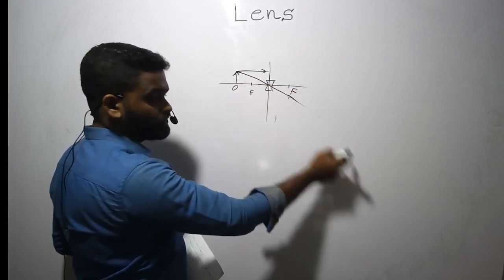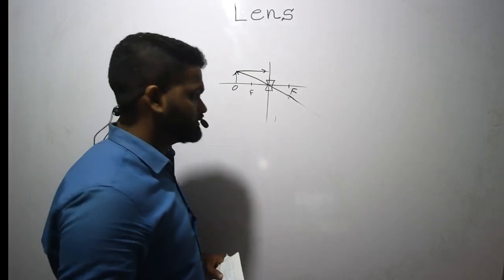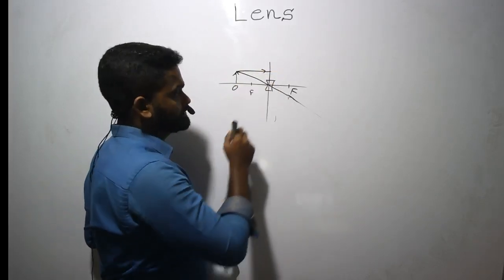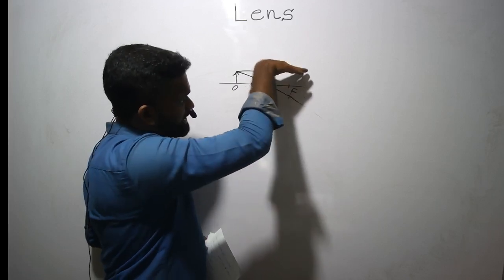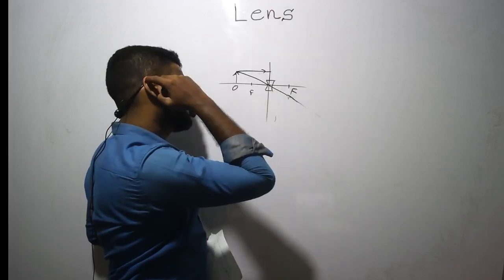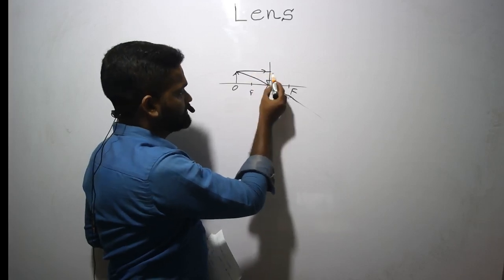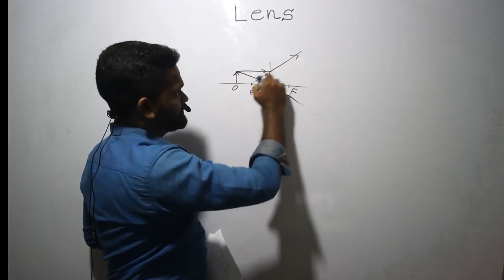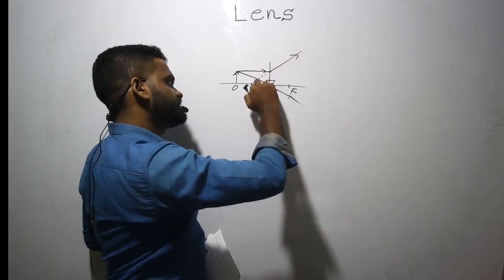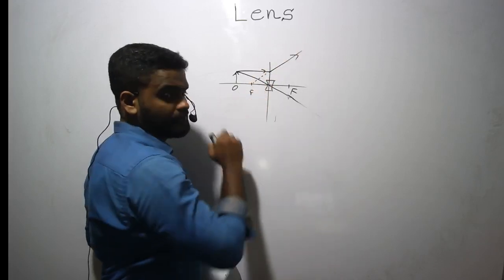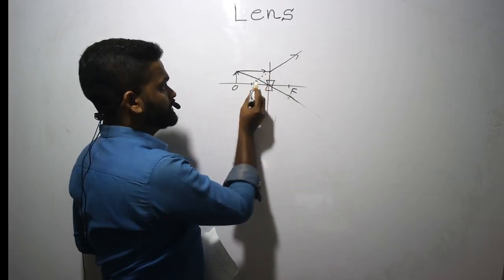Ray which goes to the optical center doesn't deviate. Ray parallel to the principal axis does not bend towards the principal axis, right? It bends away. Since it is parallel, it bends away so that you can extend this ray so it goes through F, right?